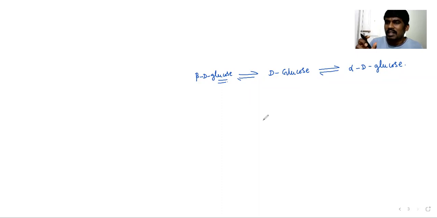Moreover, if you observe the melting points also, they show a lot of difference. Alpha D-glucose shows a melting point of 146 degrees Celsius. You can write that MP, MP means melting point. The other one has a melting point of around 150 degrees. And this beta D-glucose, its angle of rotation is 90 degrees, that means optical rotation.